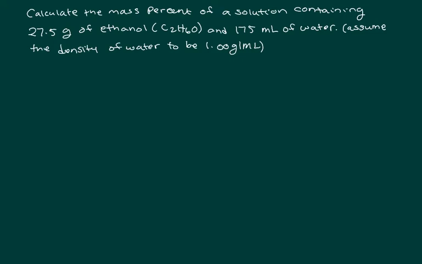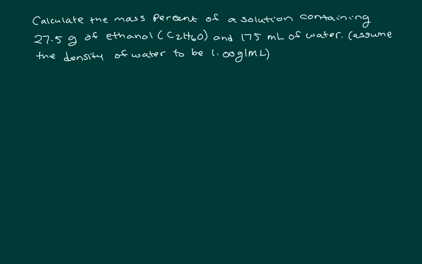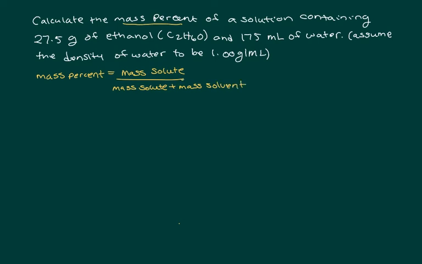So we know that, because it's asking for mass percent, we want to use the formula of mass percent being equal to the mass of the solute divided by the mass of the solute plus mass of the solvent times 100. So what is our solute?